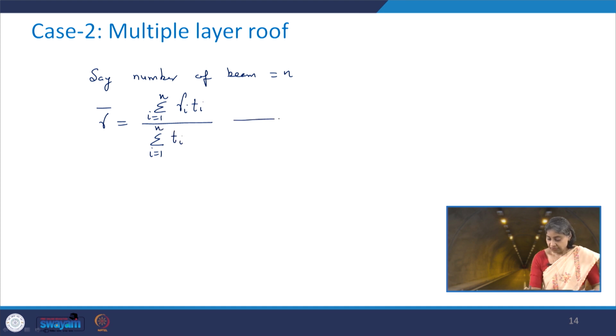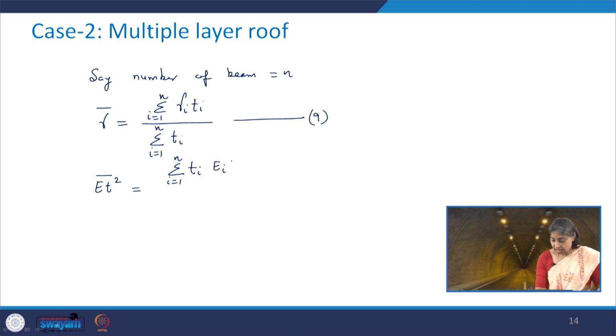I will mark this as equation number 9, and then we have E T square bar. This will be equal to summation i 1 to n Ti Ei Ti square divided by summation i varying from 1 to n of Ti.